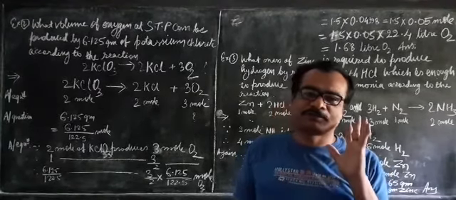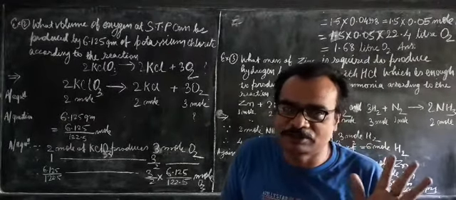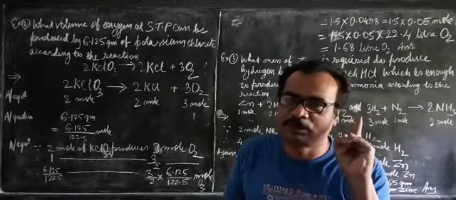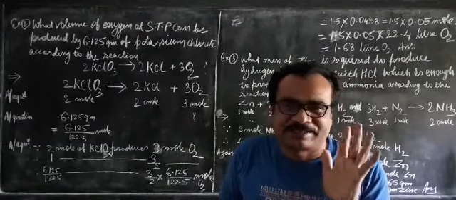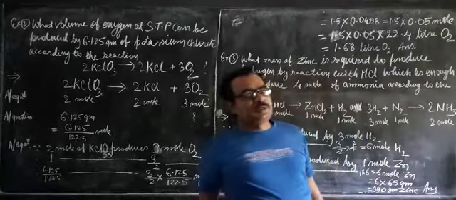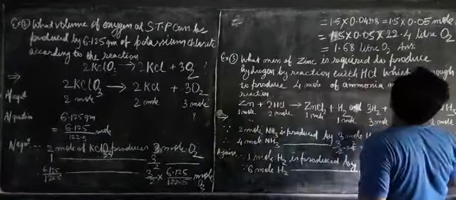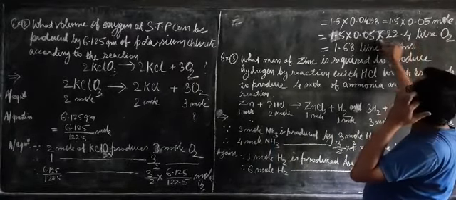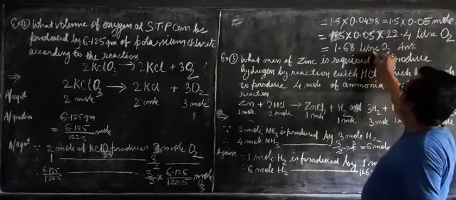If you take 1 mole of any gas, its volume will certainly be 22.4 liter at S.T.P. So we will use that value to calculate the volume. 1 mole of O2 has the volume 22.4 liter. Multiplying, finally you get 1.68 liter of oxygen.